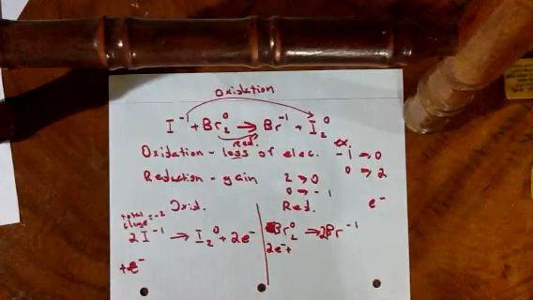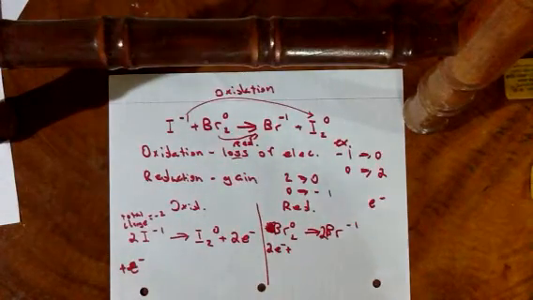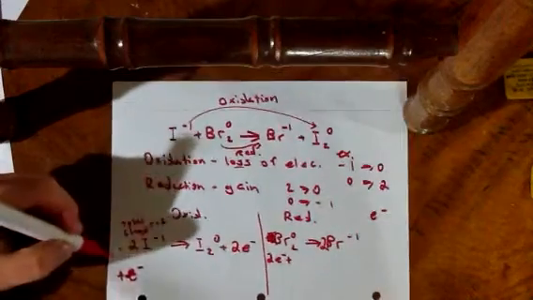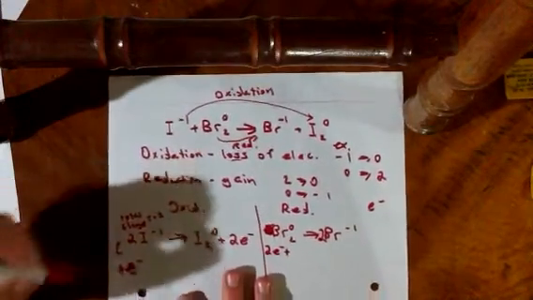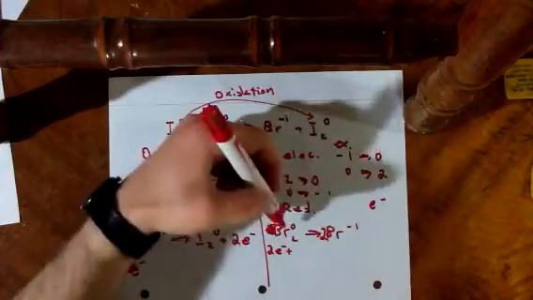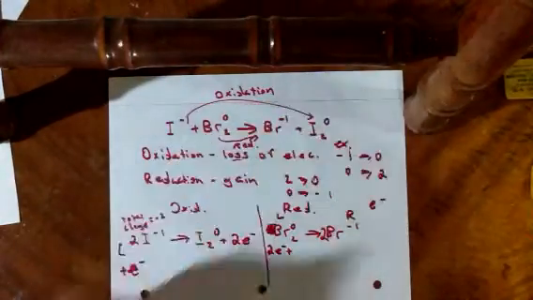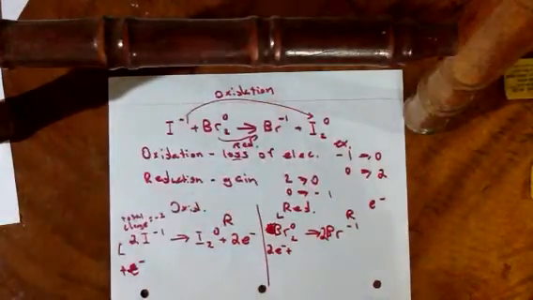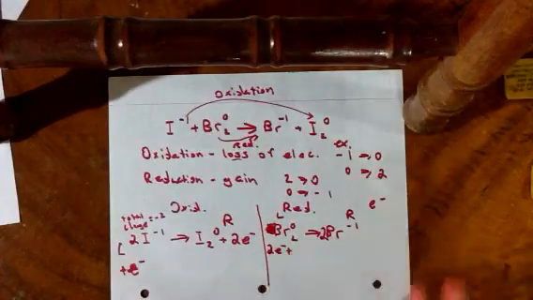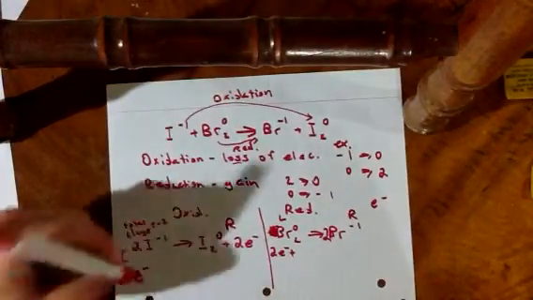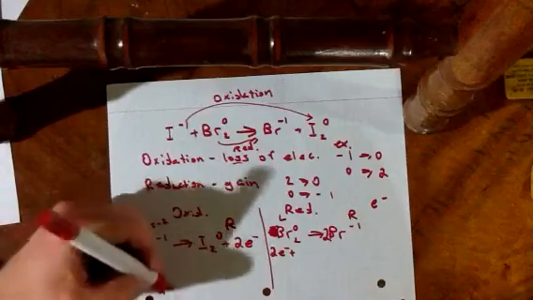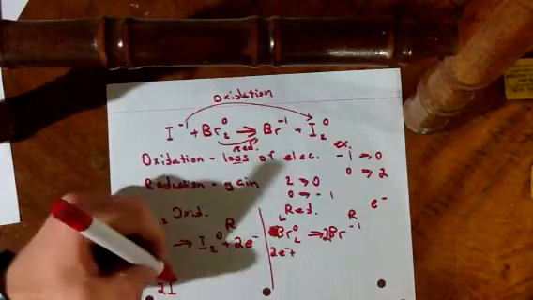Your final step is to combine this equation. And so you'll take everything that's on the left side of each of the equations, and on the right side you'll have everything that's on the right side of each of these equations. So now we're going to write this out in full terms.